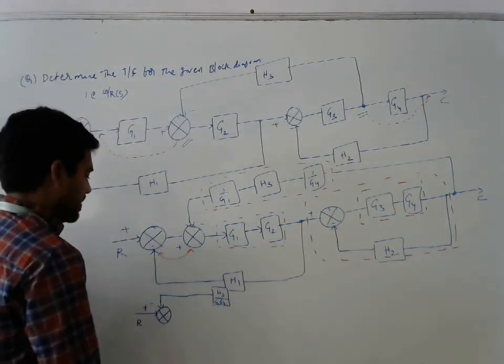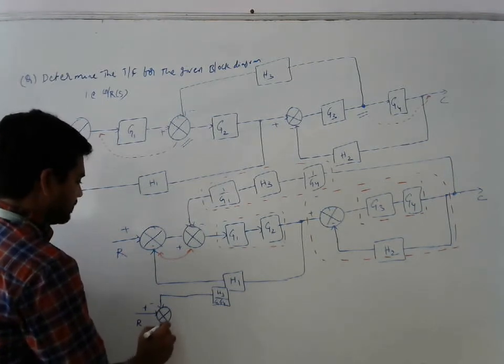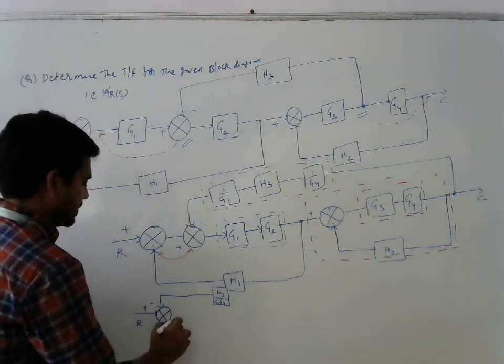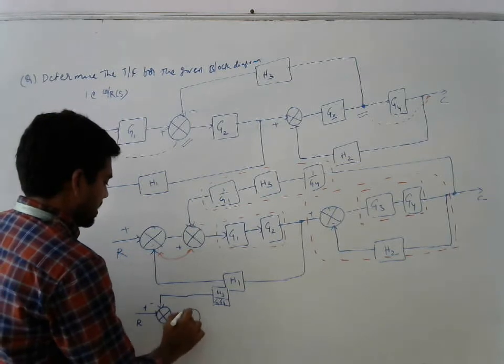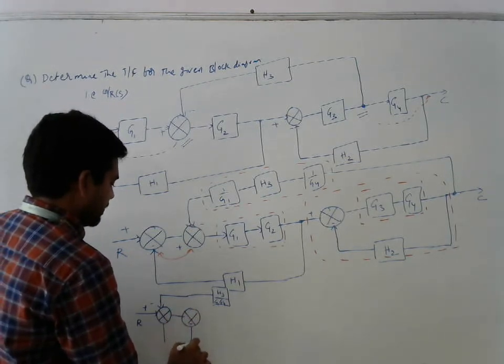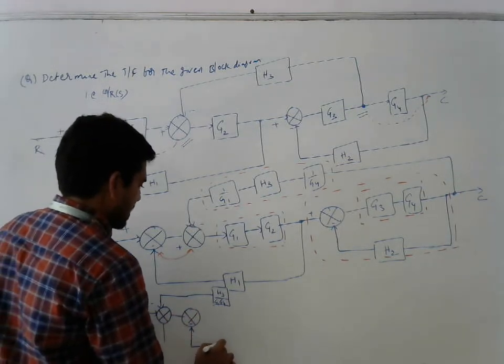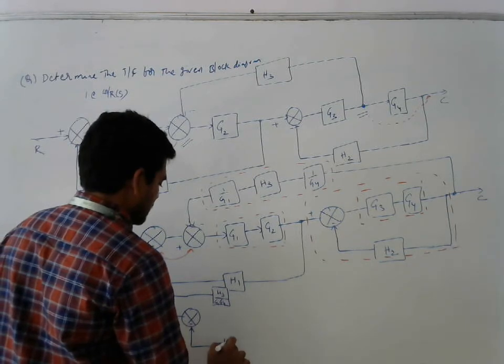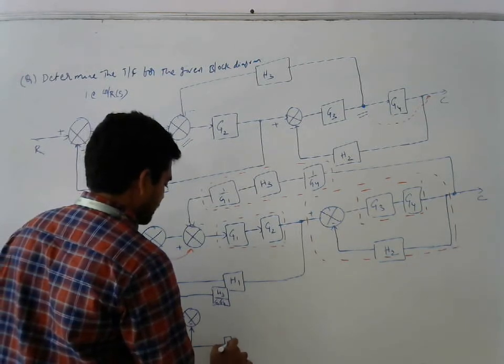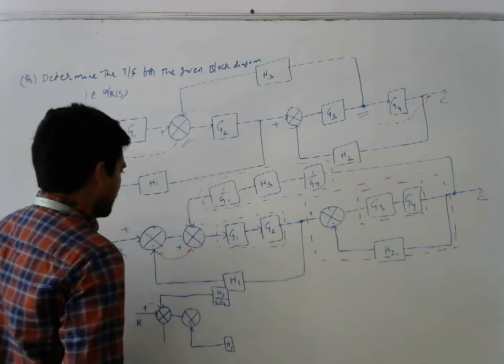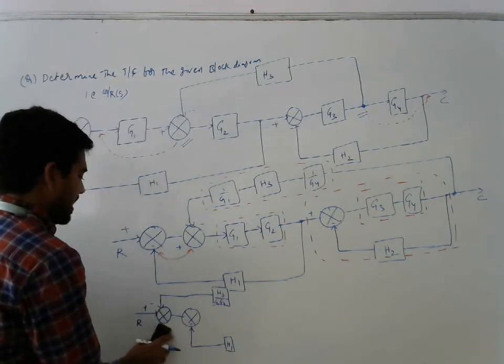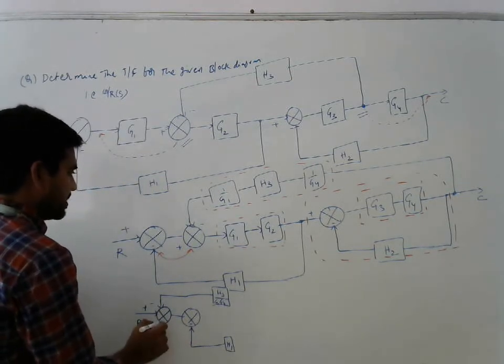H3 divided by G1, G4. Here I am going to get negative feedback H1. Negative feedback, I am going to get H1. I am exchanging the summing points.